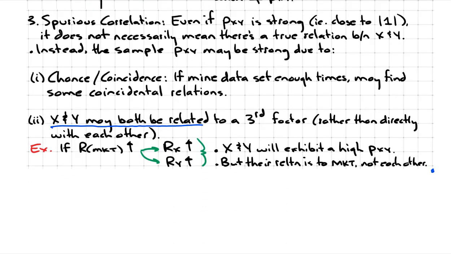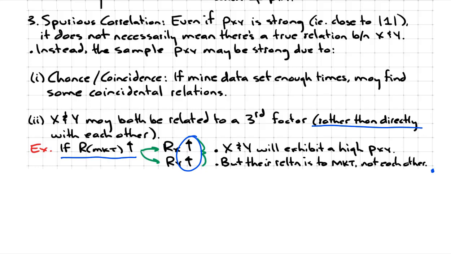What's the other limitation? X and Y may both be related to a third factor rather than having a direct relationship with each other. For example, if the market had a very strong year, then chances are most of the stocks listed on the market would have had a really good year as well. So we're assuming that if the market had a good year, the stock return for X and Y had a really good year as well.